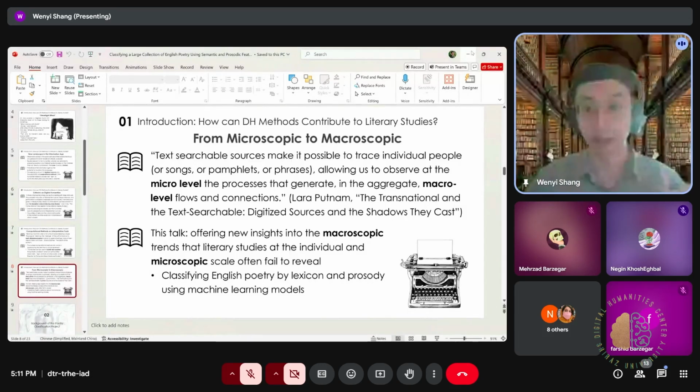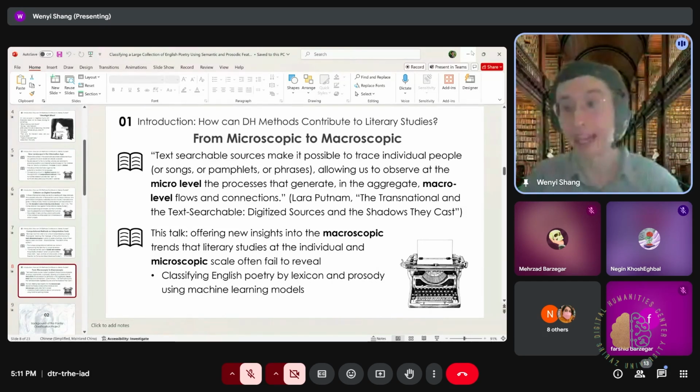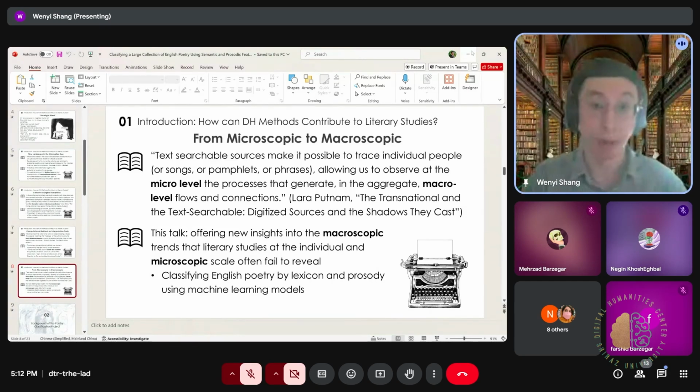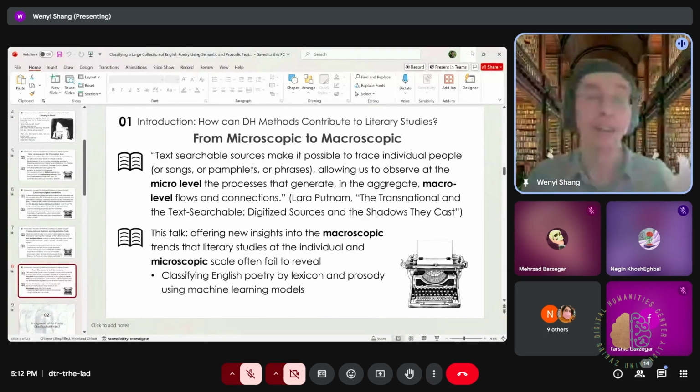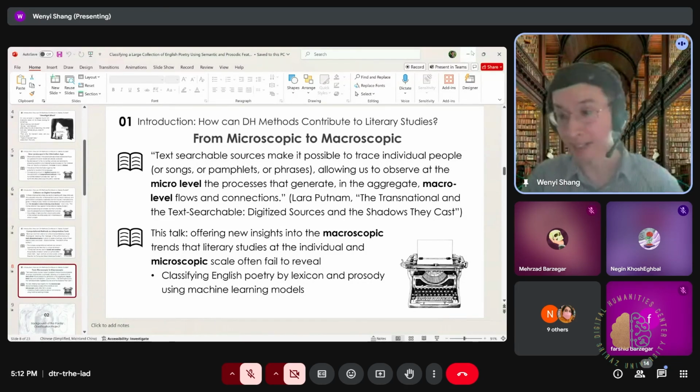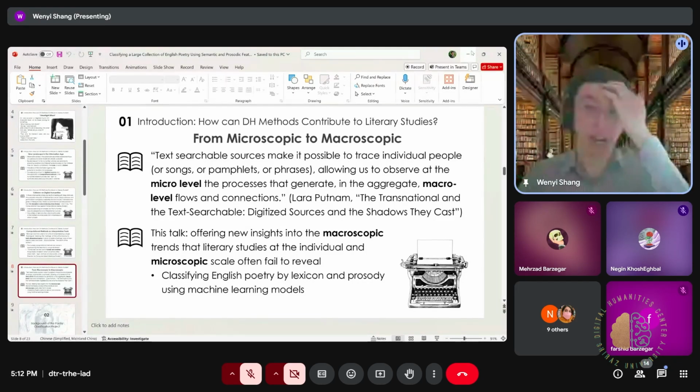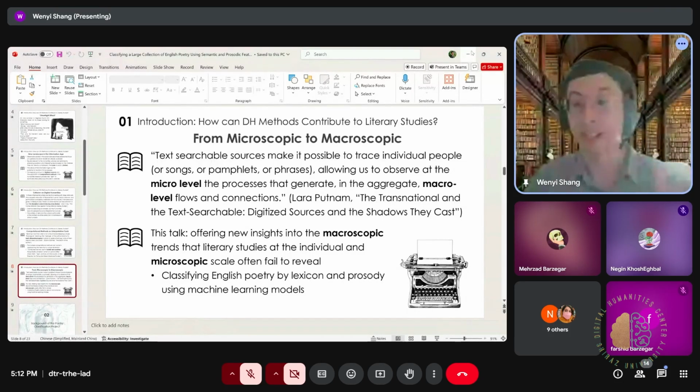We analyze certain characteristics of micro level objects like poems, and then use this aggregation of a large number of poems and individual characteristics to analyze the macro level flows and connections and the bigger picture in literary history. So once again, we are analyzing not something objective, but the subjective characteristics in poetry, or in literary studies in general.